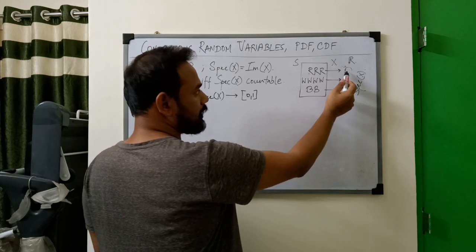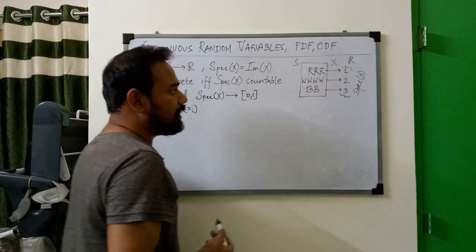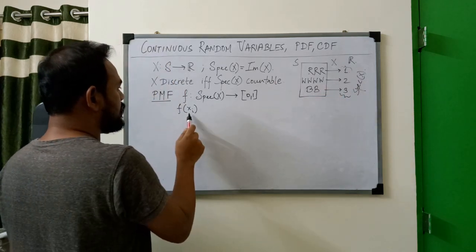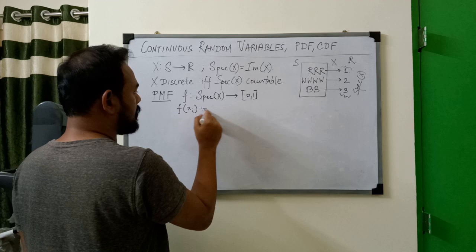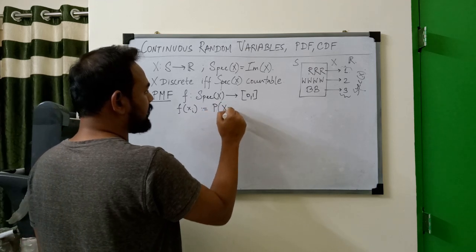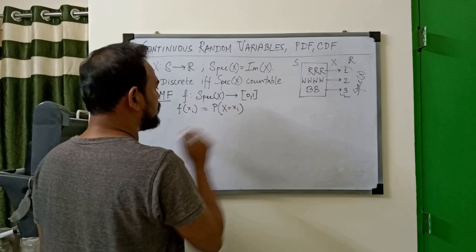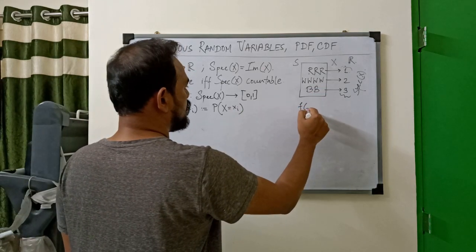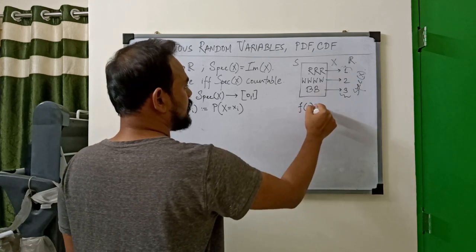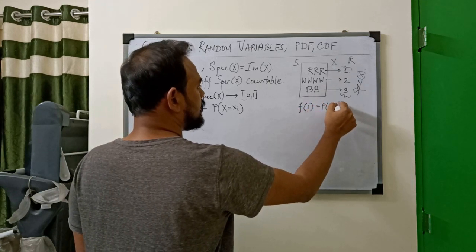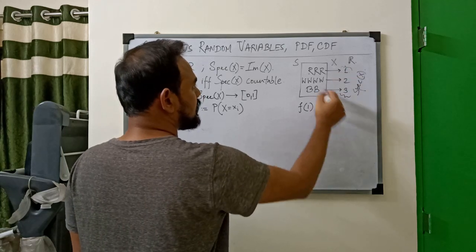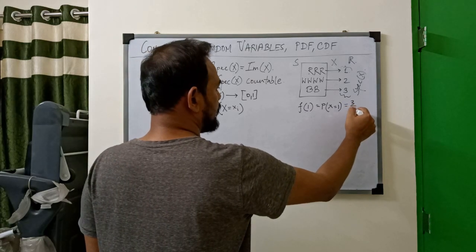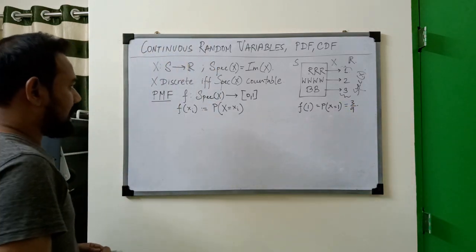For example, x1 can be 1, x2 can be 2, x3 can be 3. If you take any point from the spectrum, the function acting on it is given by the probability that X will be equal to xi. In this example, f of x1, which is 1, would be the probability that X equals 1, the event that a red ball is picked. So that is 3 out of 9. All right, so that's just a recap.